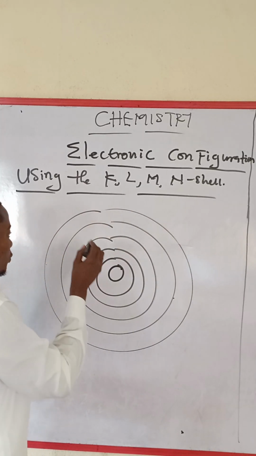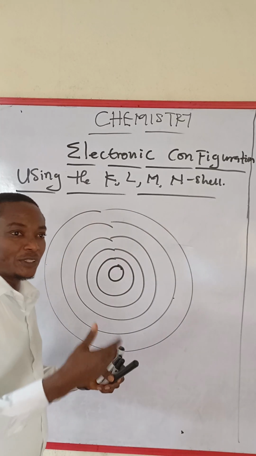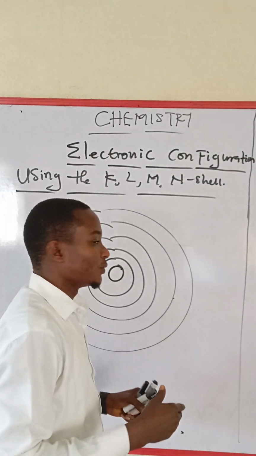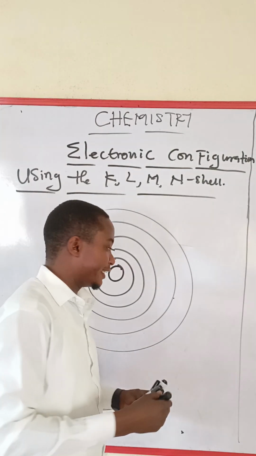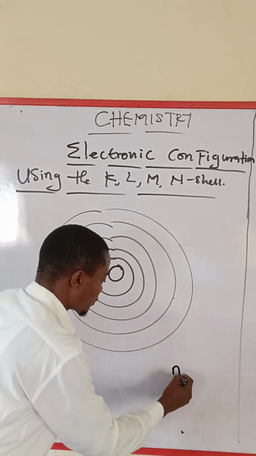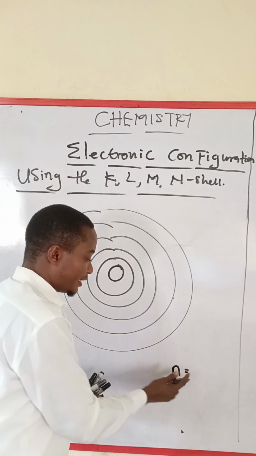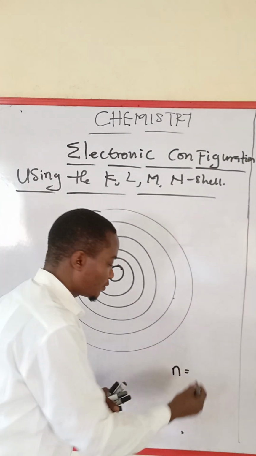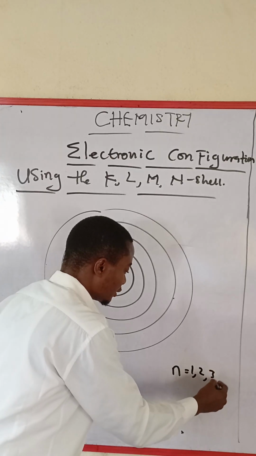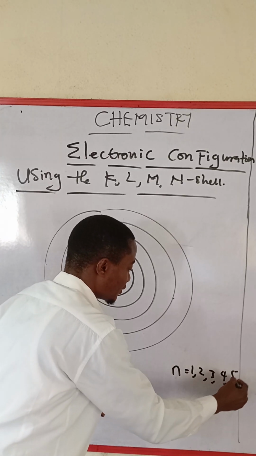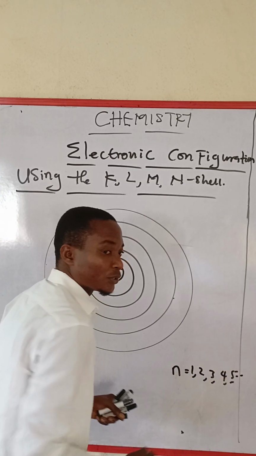The principal quantum number is denoted with the small letter n, where n has an integral value of 1, 2, 3, 4, 5, and it goes in that order.